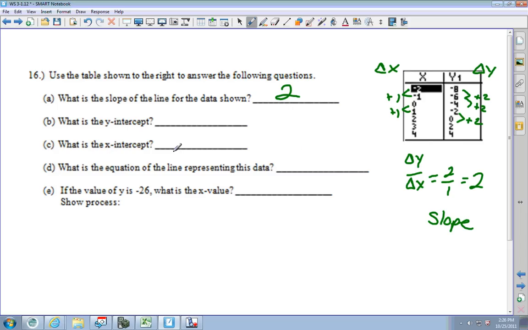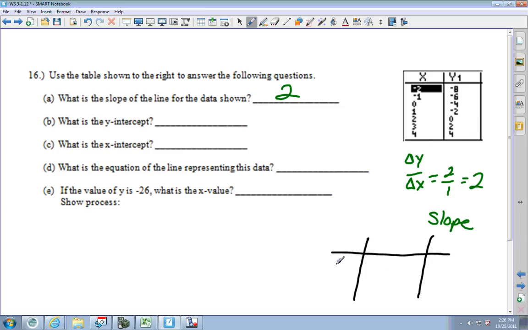So I did that, so I'm going to erase this up here for a second. Next it says, now I can go ahead and build a table if I wanted to and pick the point like 1, negative 2, and put my slope of 2 in there. I took 2 times 1, and figured out what I had to add or subtract to get to negative 2. But look in here. My y-intercept is right there.